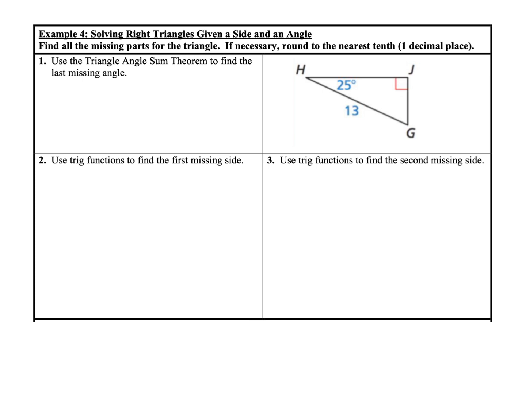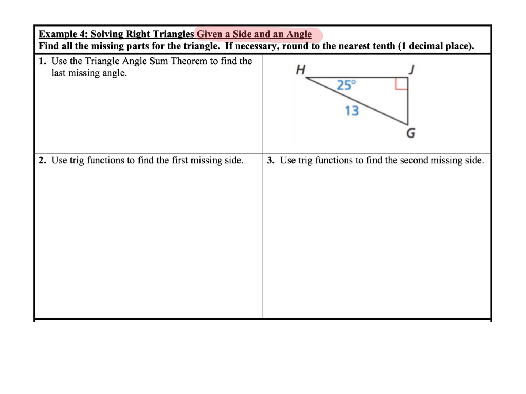Let's try another example, but this time we are given one angle and one side. So this process is going to be a little bit different. The easiest thing to find right away is the last missing angle. We already have a 90-degree angle and a 25-degree angle, so we're really just missing the measure of angle G. You can either do 180 minus 90 minus 25, or we can use the fact that the two acute angles always add to 90.